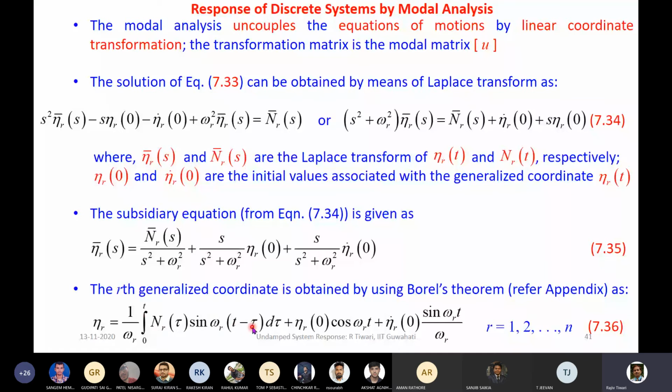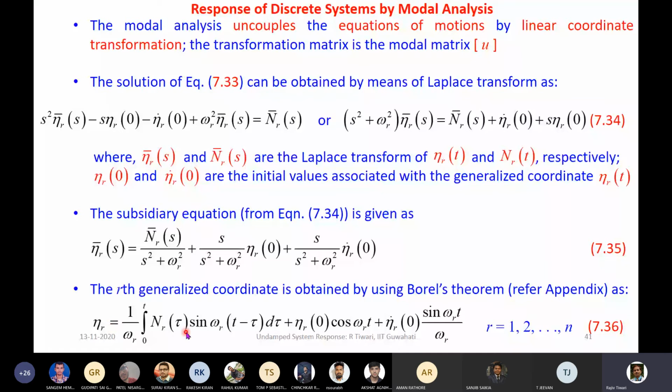I think you have even done the assignment for the damped system also. So this is the same convolution integral. So when the force is not harmonic, we need to go for this kind of convolution integral to get the generalized response because of the generalized force.